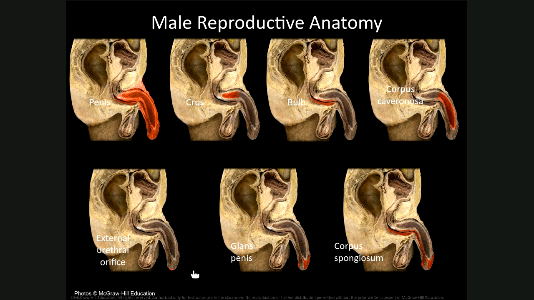You have the external urethral orifice and the glans penis right there. The corpus spongiosum is a singular part in this area, and this is the scrotum itself. Now, this is the rectal area, which is adjacent to the area of the prostate.